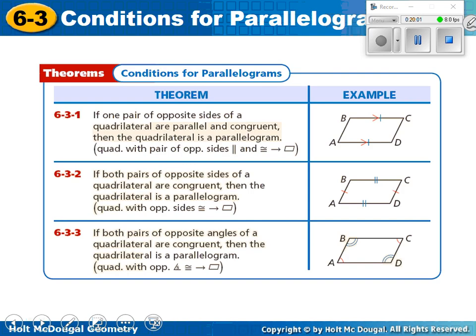Okay, so if you turn into your notes and look at this first chart, they're going to walk you through the ways you can prove it's a parallelogram. So on your property sheet, what you might want to do is list the ways to prove it's a parallelogram.